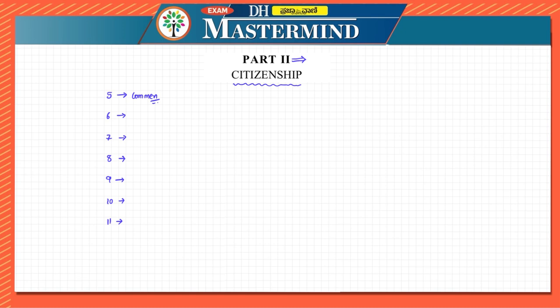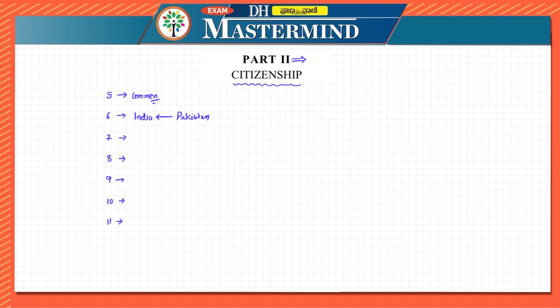Article 6 says about the right of citizenship of certain persons who have migrated to India from Pakistan, who have come to India from Pakistan.